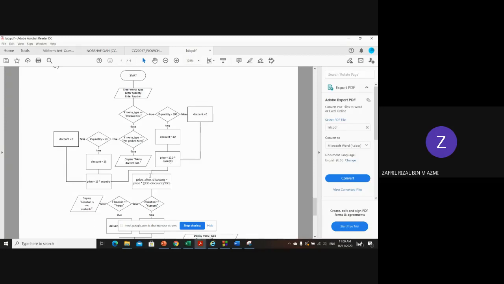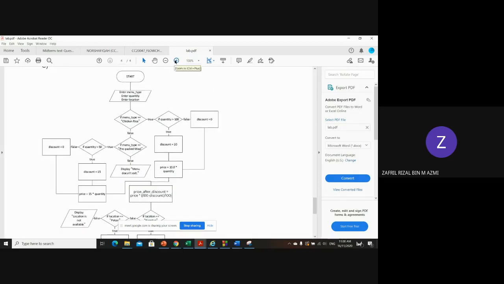So after here, you get the price after discount. So is it correct? After this calculation, can you see, guys? Or is it too small? Can you see the wording over here? Yes, sir.